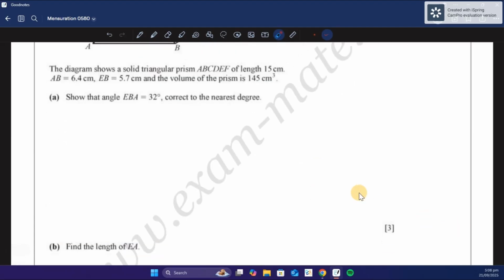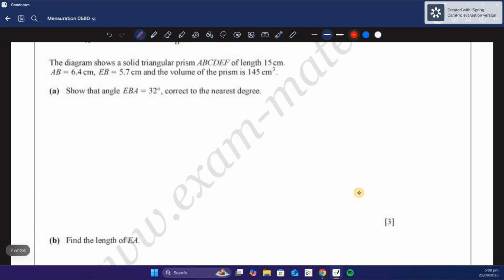Okay, so what we're simply going to do is say that the area of the whole triangle is going to be 145 divided by 15. That would give us 9.667. After that we're going to use sine, which will be opposite over hypotenuse.